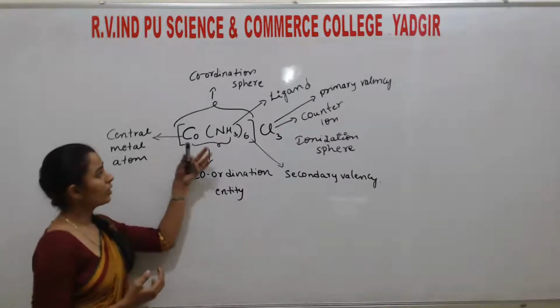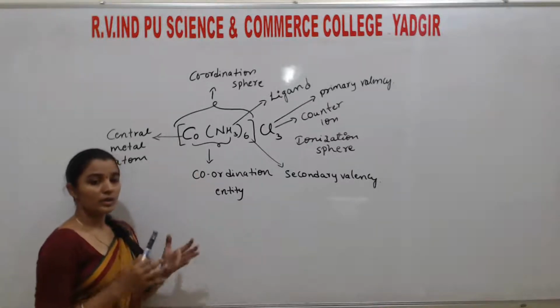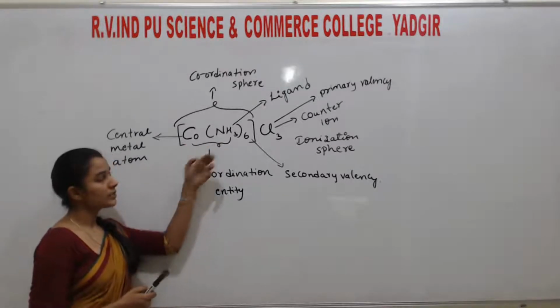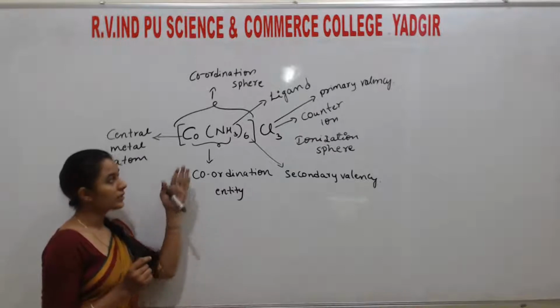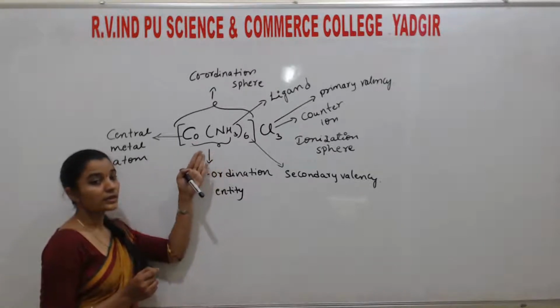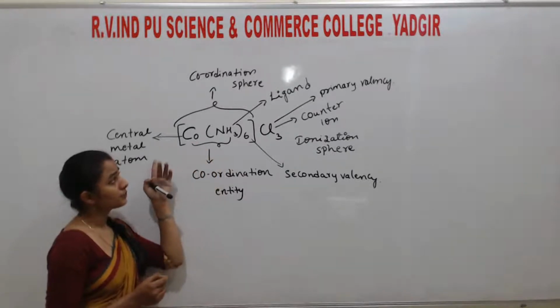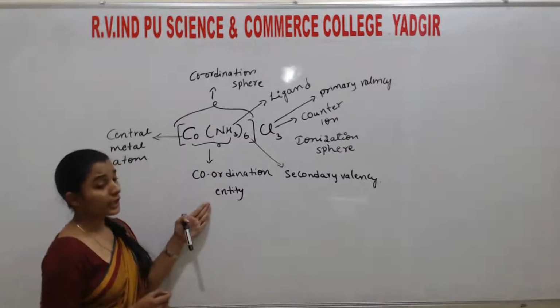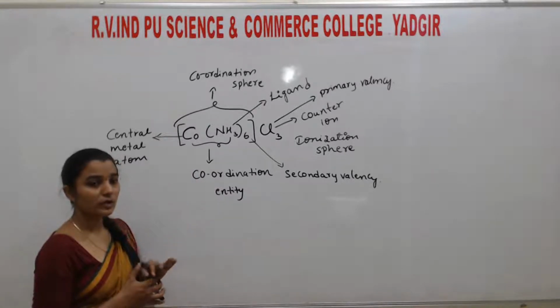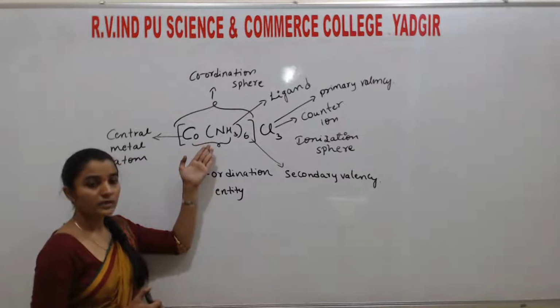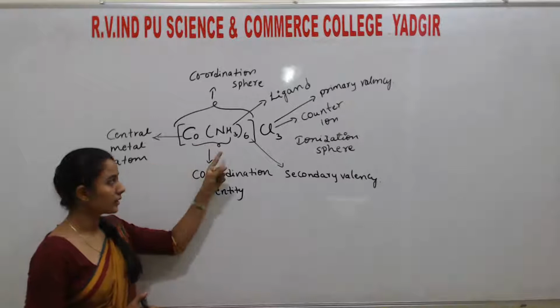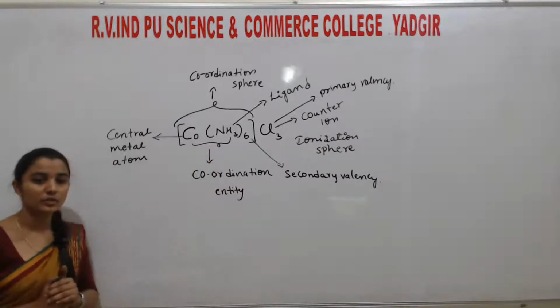So what is this coordination entity? In a coordination compound, the metal which is bonded to the fixed number of ligands or molecules is called a coordination entity. Entity means group. That group consists of the central metal atom and a certain number of ligands, and the number of ligands is fixed for the respective atoms.